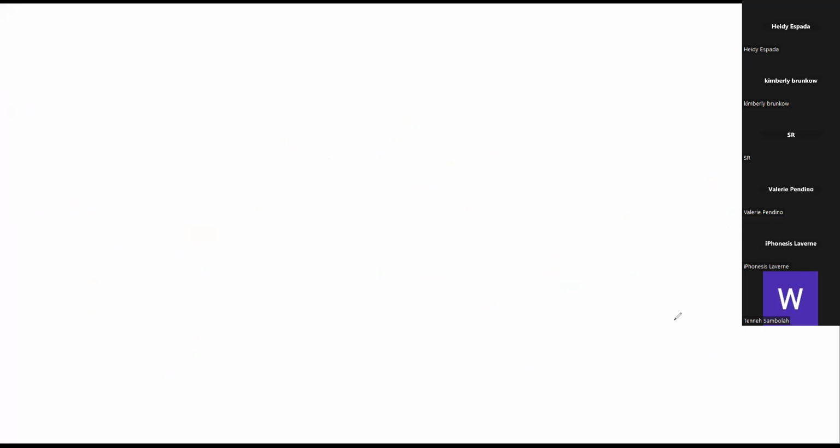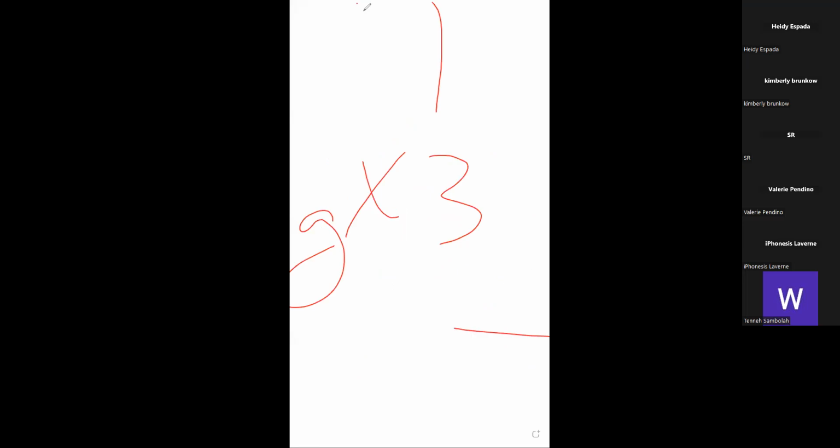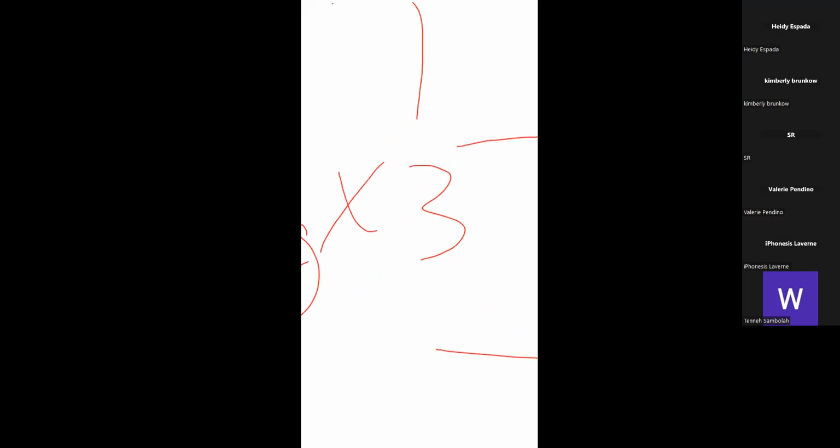All right, so on hand we have 75 per 3. Our weight is 53 pounds. Sorry, I'm trying to move my board back over and it doesn't want to move.